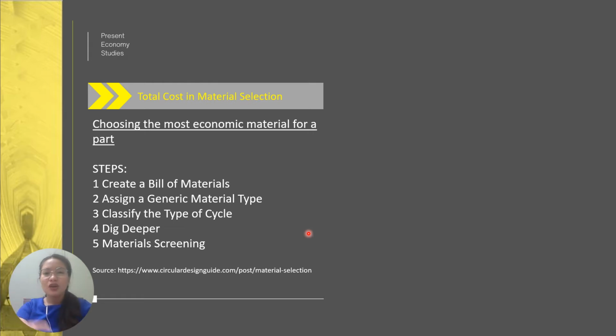Then also, this is very important in this part: the total cost in material selection. We all want to minimize the cost of the material, the total cost. So you need to identify the part of the material where you can put an alternative.